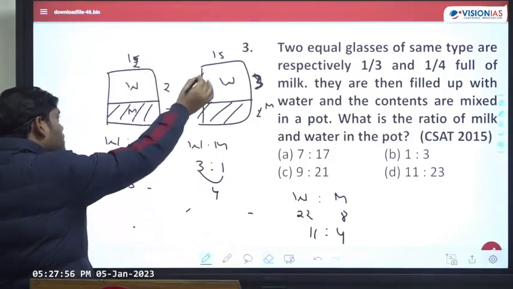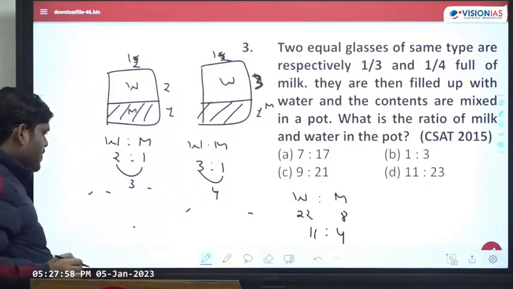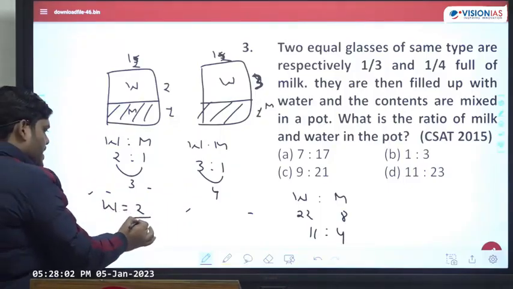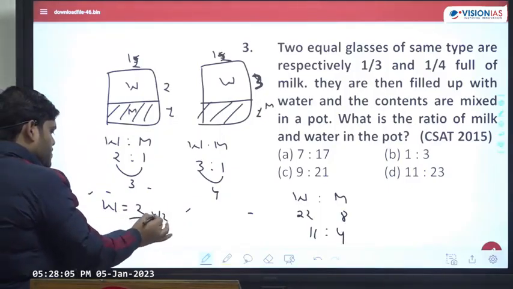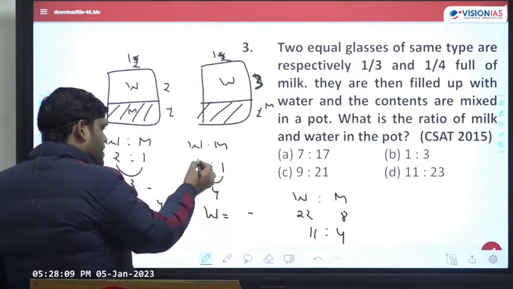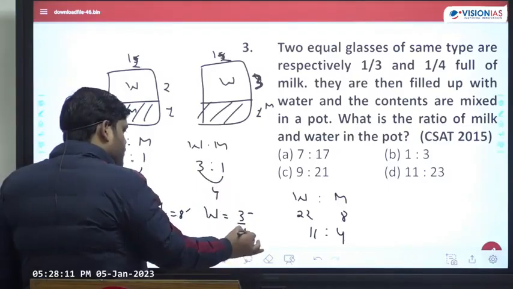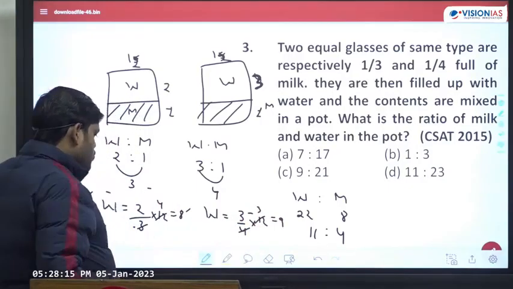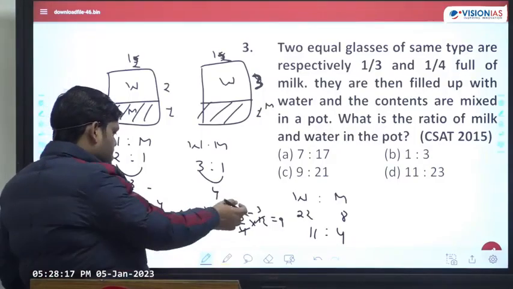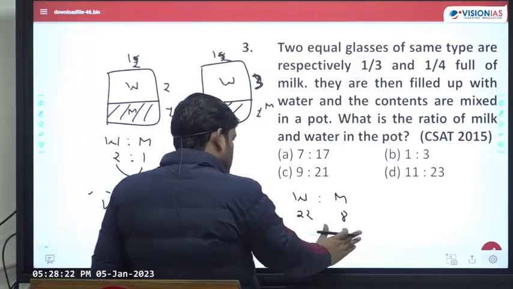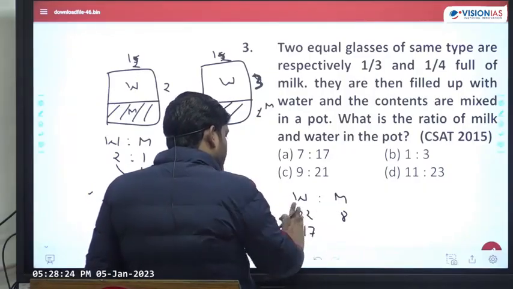LCM will be 12. So water will be 2/3 into 12, 8. And here water will be 3/4 into 12, 9. So total water will be 9 plus 8, 17.